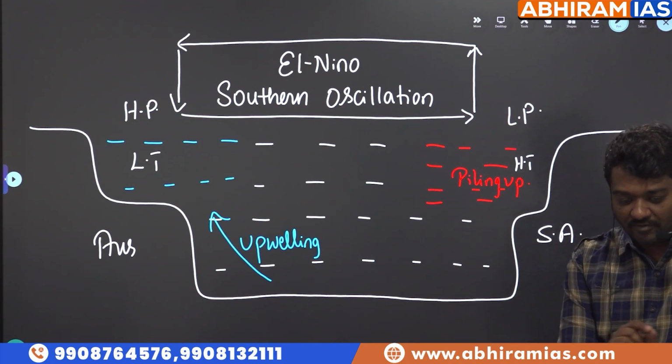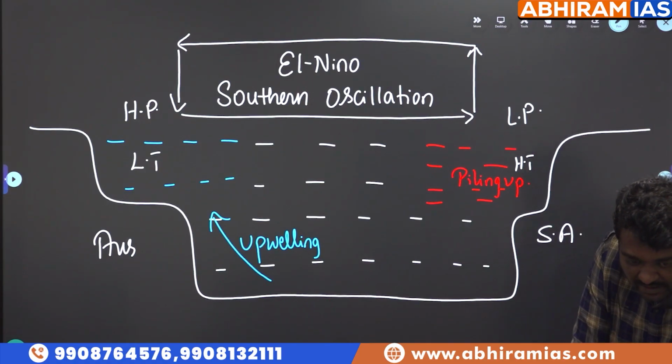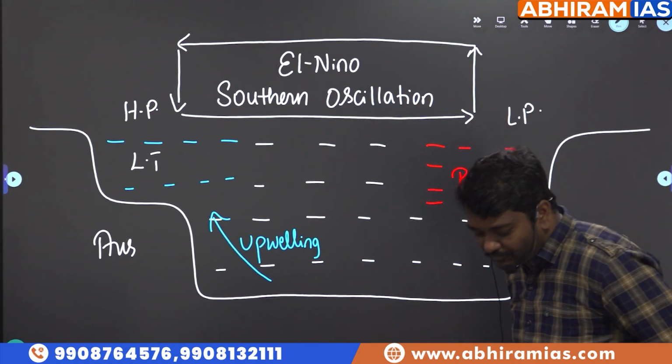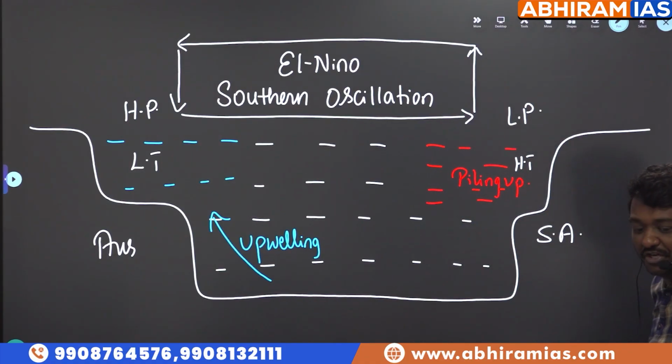So, you write the words, I'll tell. El Nino Southern Oscillation. Hyphen. First point. Shifting of counter equatorial current.